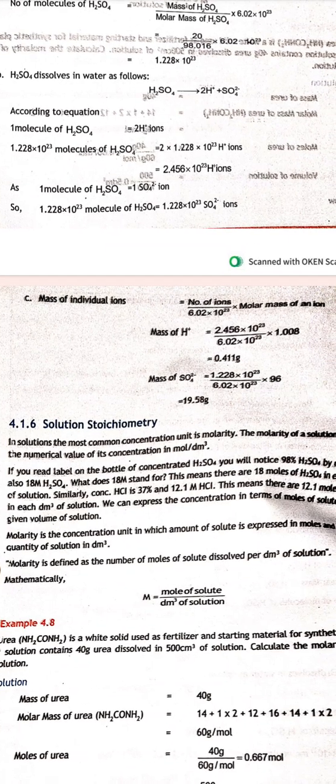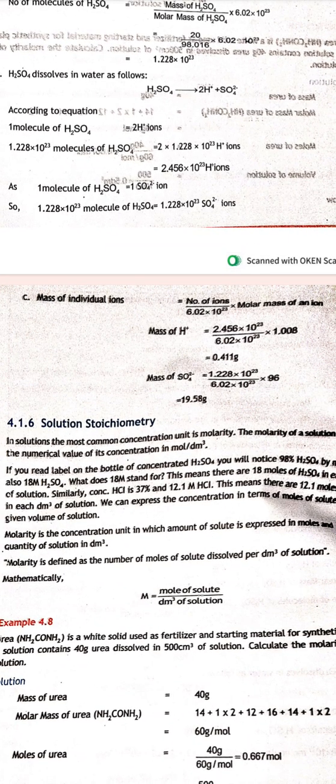Now we have to calculate the mass of the individual ions: number of ions divided by 6.02 into 10 to the power 23, multiplied by molar mass. We got the number of ions, that is 2.456 into 10 to the power 23, and we divide it by Avogadro's number and multiply by the molar mass of the ion, that is 1.008.